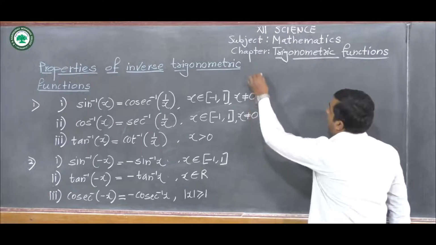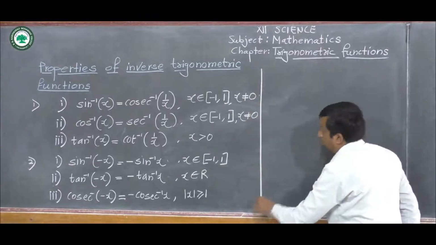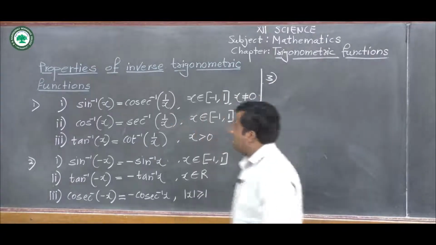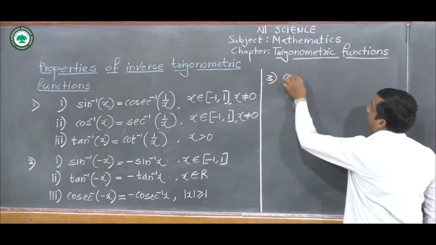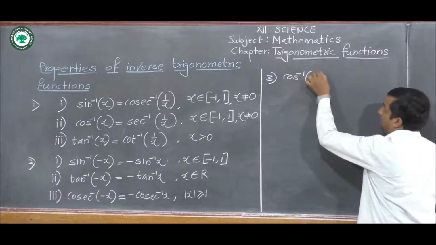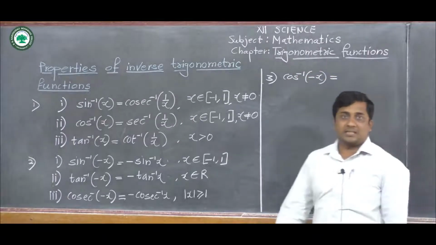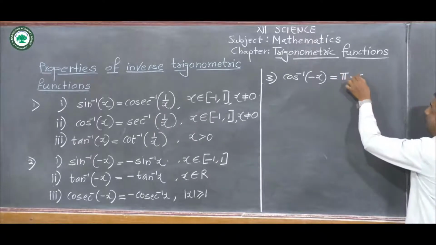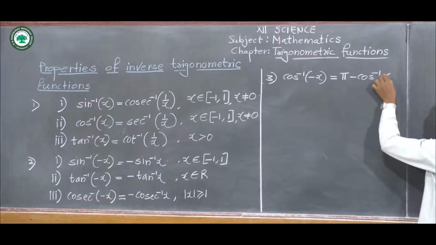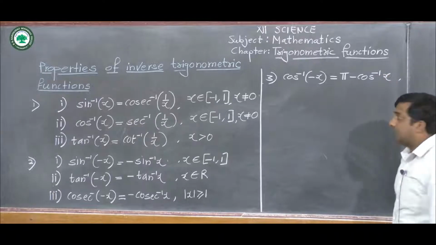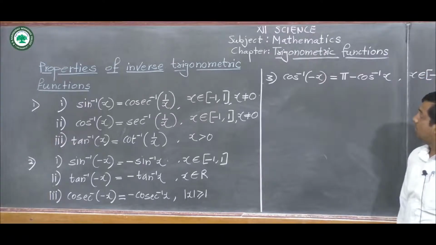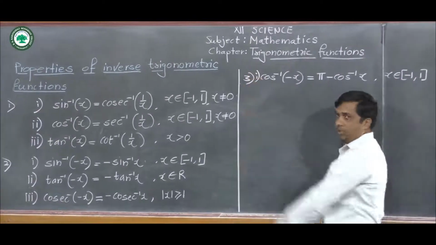Okay, then we go with our third property. Let's go with the third one. Given cos inverse of minus x. Cos inverse of minus x is always pi minus cos inverse of x, where x belongs to the closed interval minus 1 to 1. This is our first sub point.